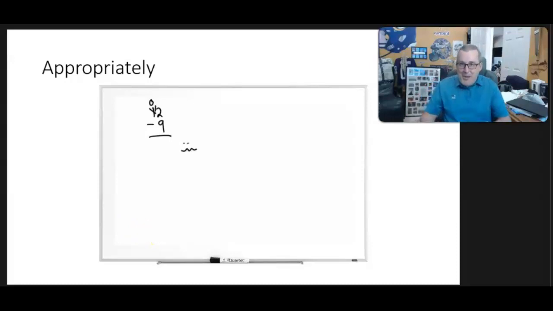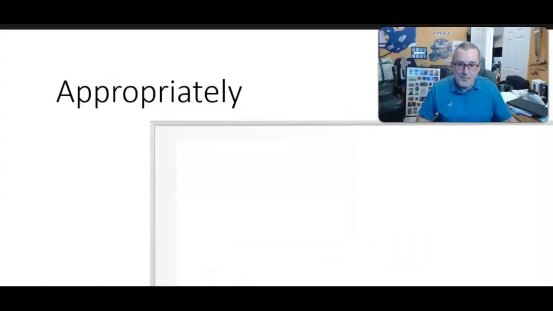And so it would not be appropriate to use the standard algorithm in that case. It might be more appropriate to have another strategy, like we call it counting on. 9, 10, 11, 12. 12 minus 9 is 3 because there's that difference of 3. So we want to encourage our students to be aware of appropriate strategies as well.